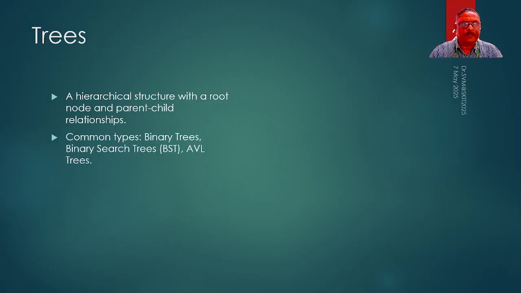So, hierarchy. There are many types of trees we can use for our applications. The most commonly used trees are binary search trees, AVL trees, B trees, B plus trees. Many are there.